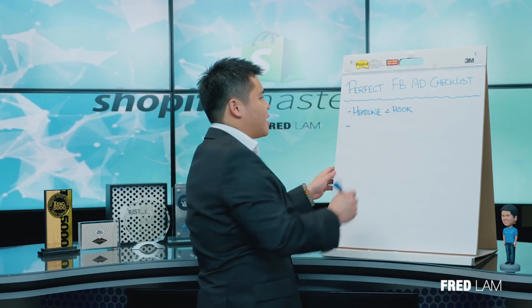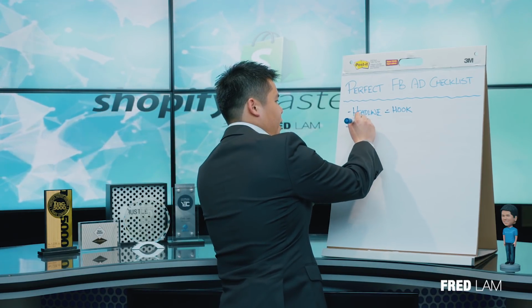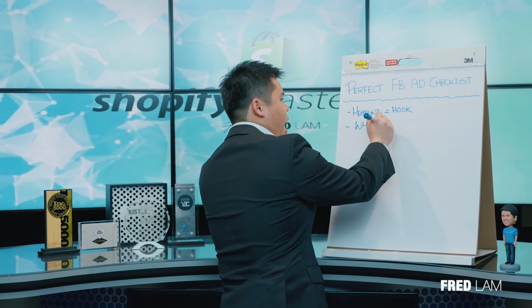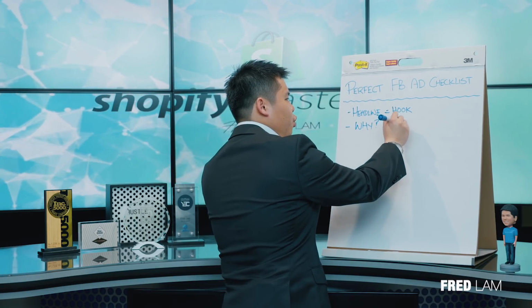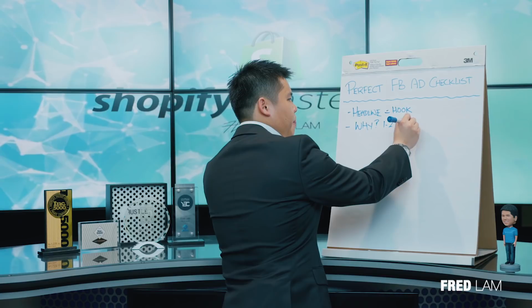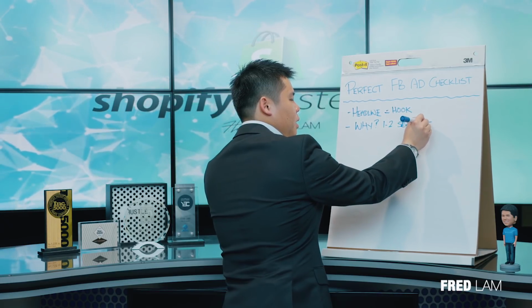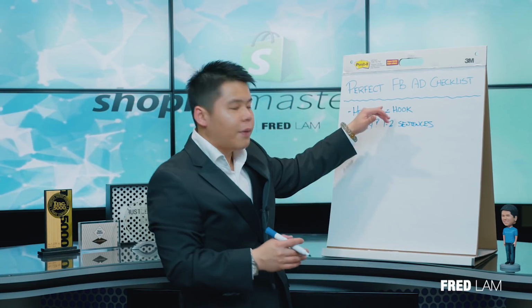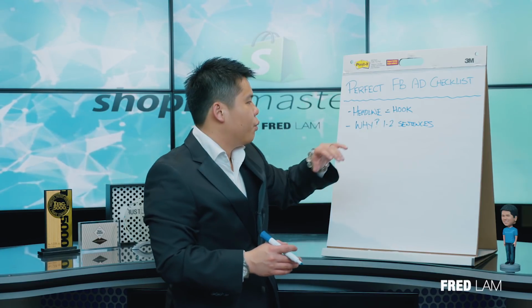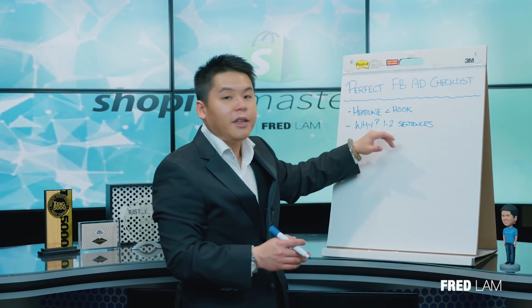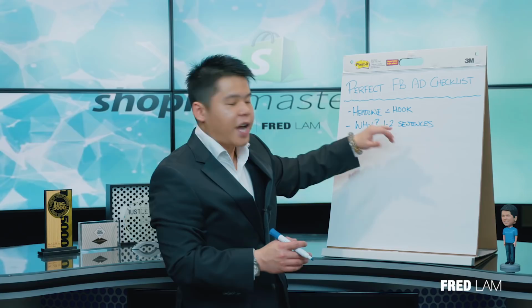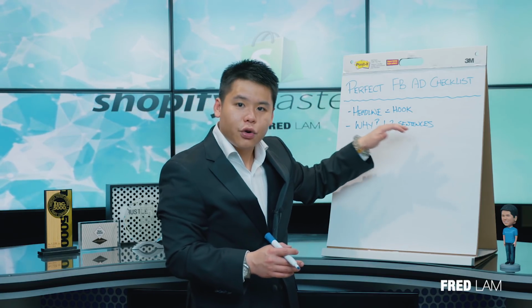So this is basically the why. You need to address why, and this is 1 to 2 sentences. You got them hooked, you got them interested, you really have an emotional trigger on why they should check out your product, check out your ad. This is all answered over here.